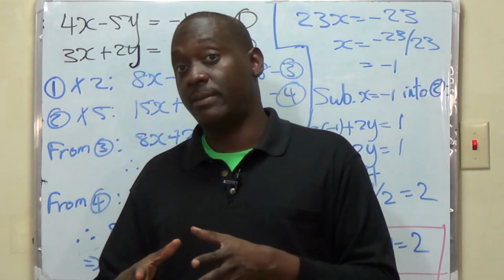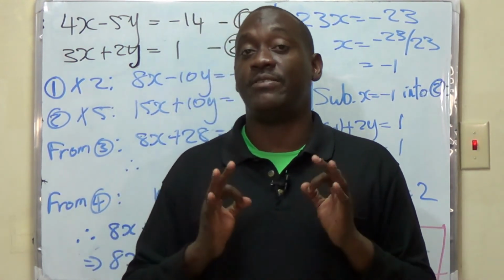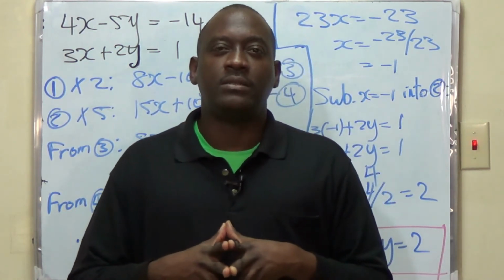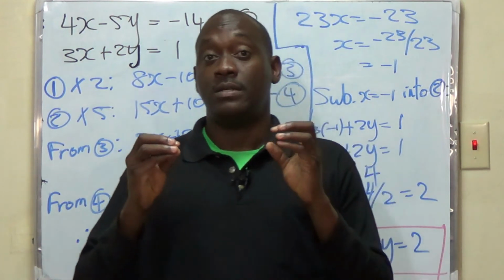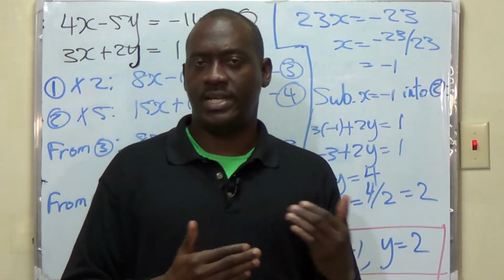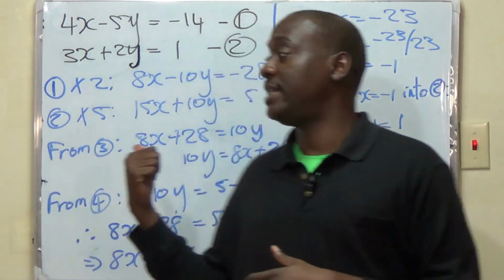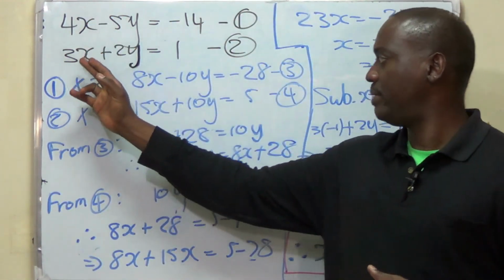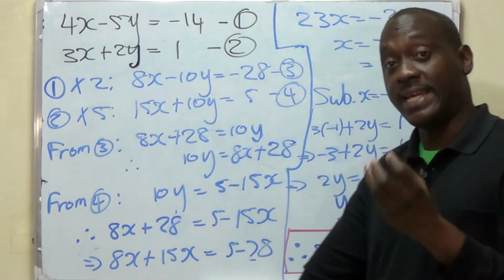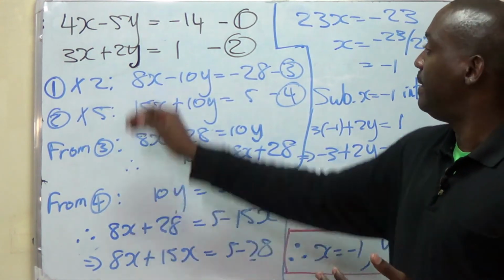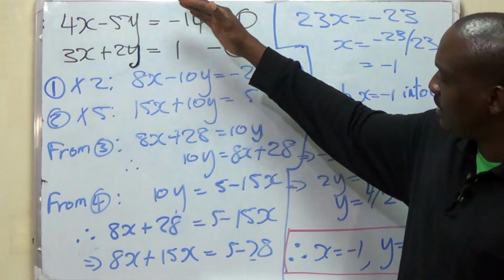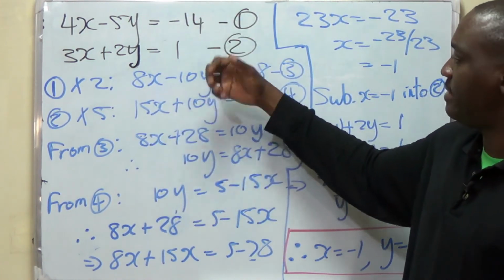You find the LCM of the two coefficients of the variable that you're pivoting on. Having done that, you then make that thing the subject of the formula in equation 3 and in equation 4. So in this case, when we had pivoted on the x variable, we had 12x, we made that the subject of the formula as the LCM. In this case, we had minus 5 and 2 here, which when we did the multiplications, we had minus 10 and plus 10.